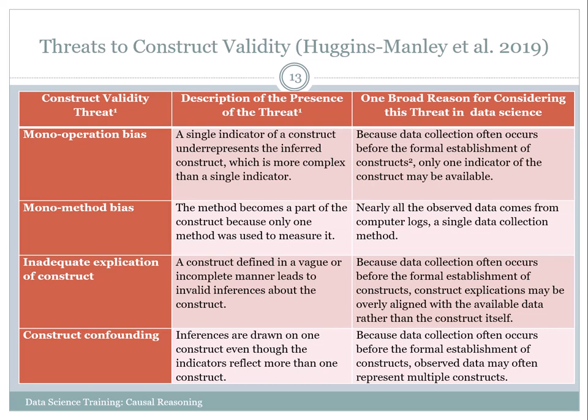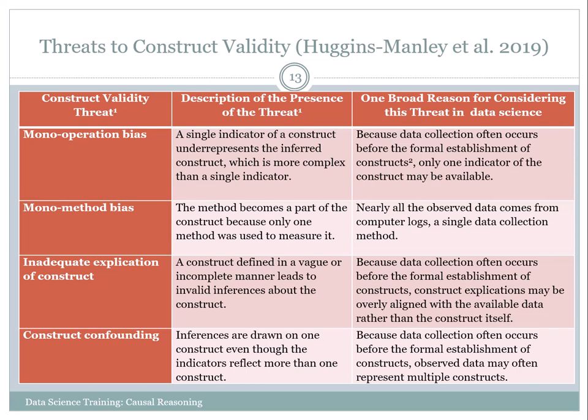Inadequate explication of constructs is where the construct is not defined appropriately. So, for example, in measuring mathematics ability in a virtual learning environment, you may have an assessment that underrepresents the construct of mathematics ability.